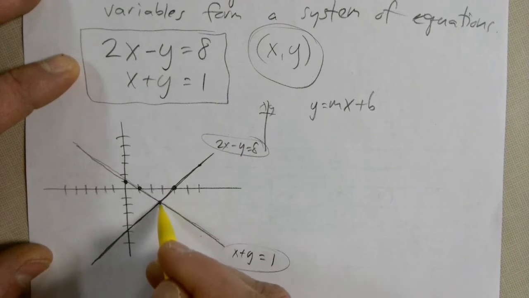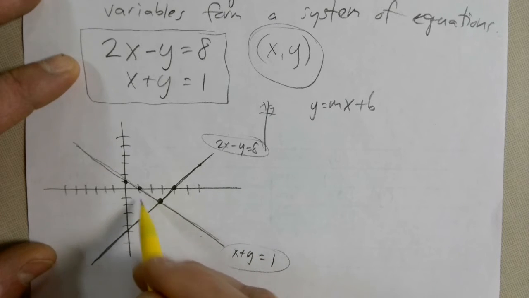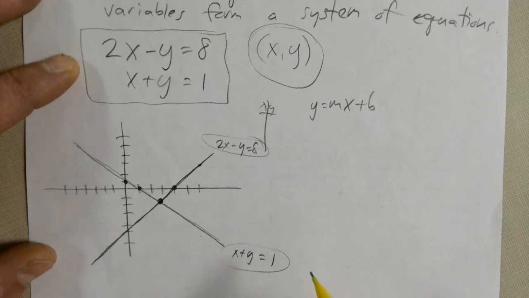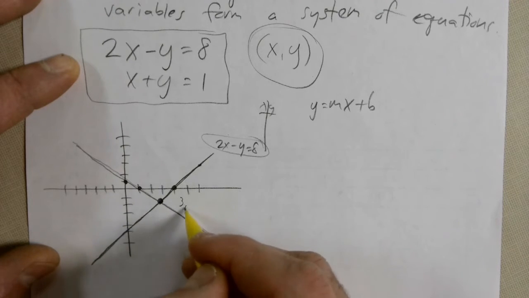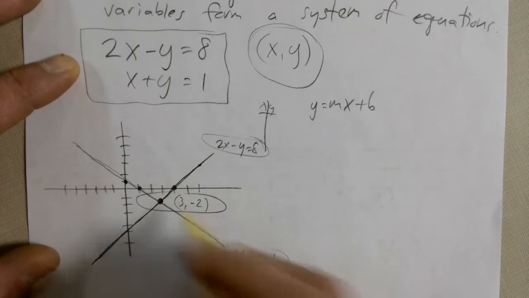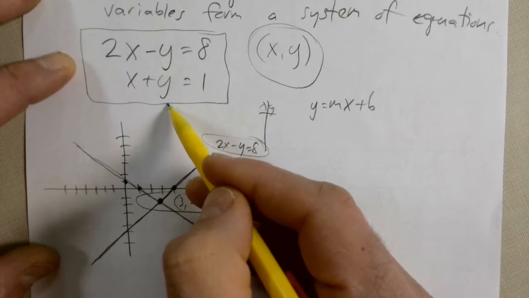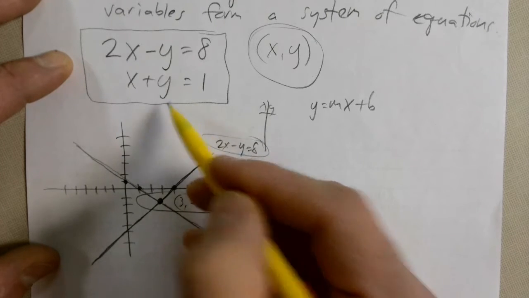They only touch in one spot. And you have to draw very carefully when you solve it by graphing, because we're going to actually see where they have the same xy pairs and answers. So 1, 2, 3, 1, 2, 3, negative 2 is the answer. We solved this system of equations by graphing.